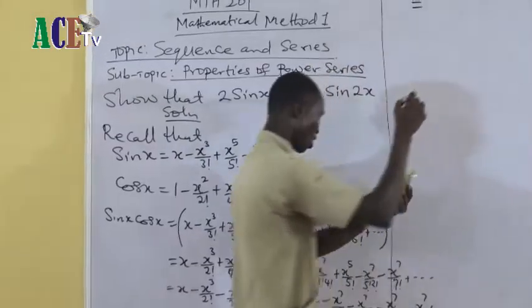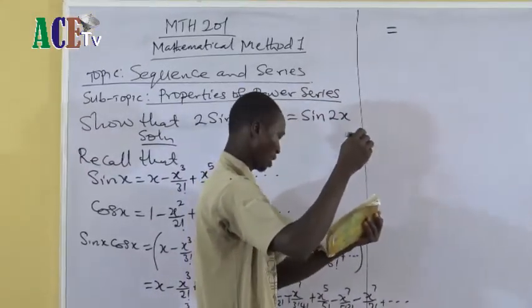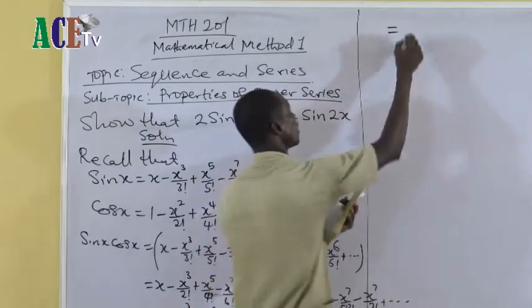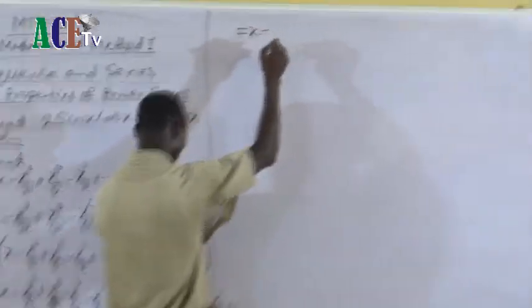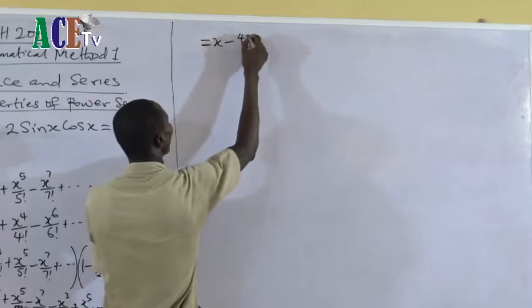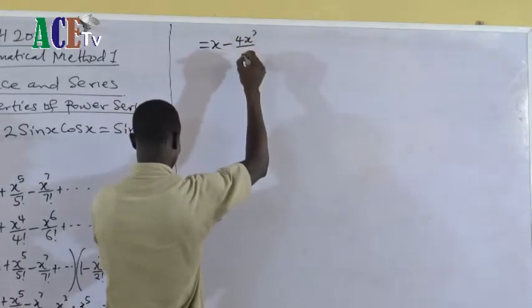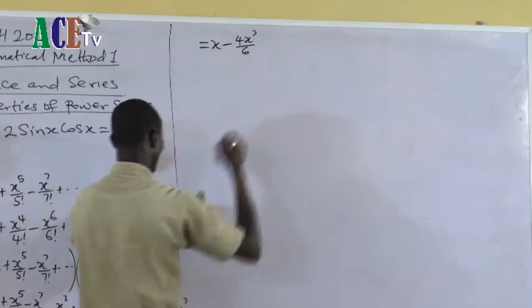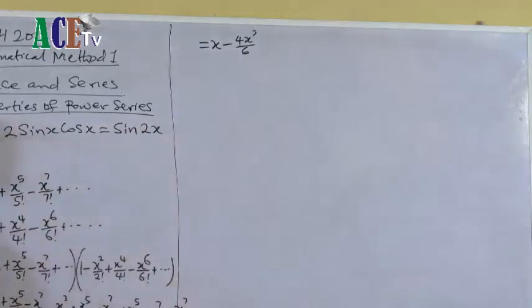If I pick the one that I need from that area, this one can be equal to x minus 4x to the power 3 over 6. Where did I get that one? Look at this and this. 2 factorial, 3 factorial.